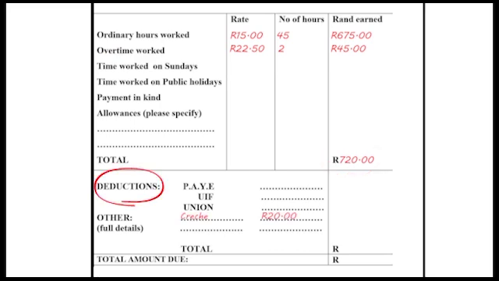Any deductions from your wages as agreed. Any other payments that are made to you. Your employer's registration number with the Unemployment Insurance Fund, UIF. How much money you will get paid after all the deductions are made.